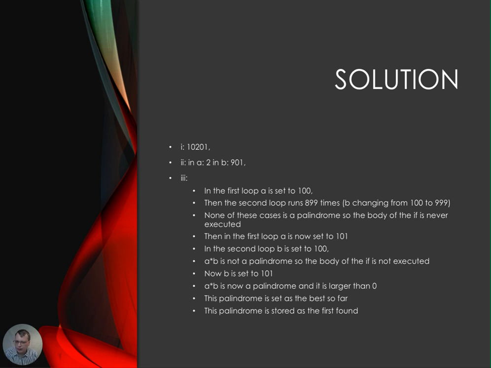And the first time round, none of the cases are a palindrome. So the body is never executed, so we never get to that if statement's body. Then the first loop moves up to be 101, and the second loop to be 100.